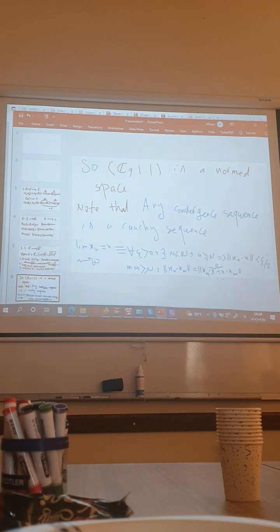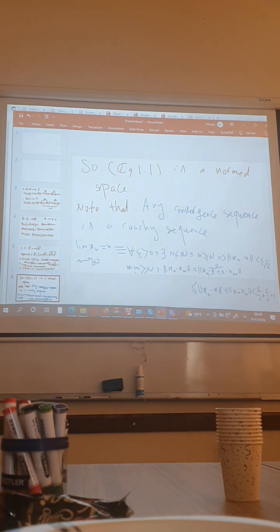Now you can use the triangle inequality. This is less than the norm of xn minus x plus the norm of x minus xm. And you know that each of these is less than epsilon divided by 2, so this is equal to epsilon.